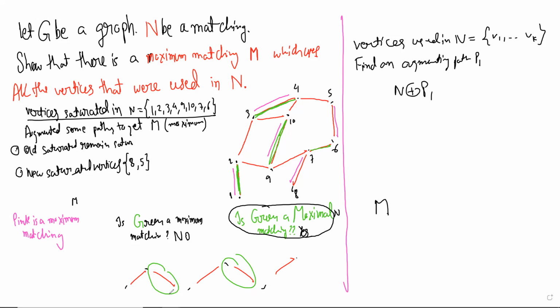If it's not maximum, then you will find this, because we know that if something is not maximum, then you will find an augmenting path. Does everybody agree with that? If something is not maximum, then there will be an augmenting path. This was the fundamental thing we proved.